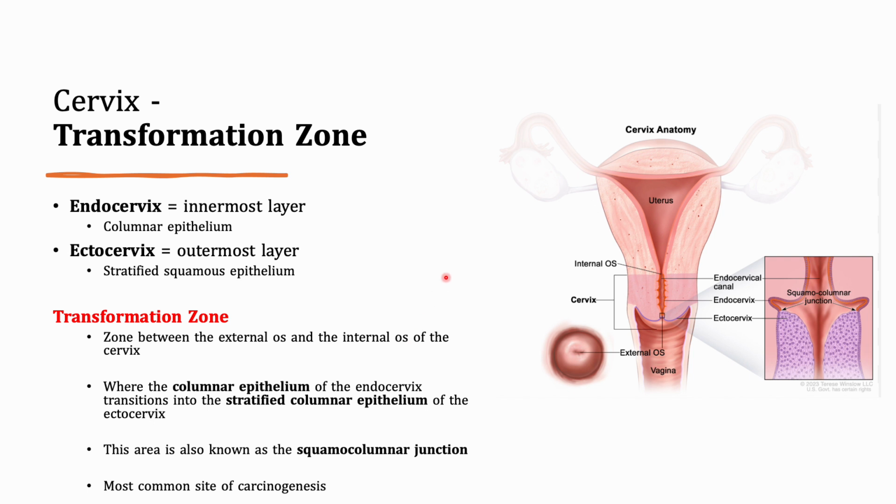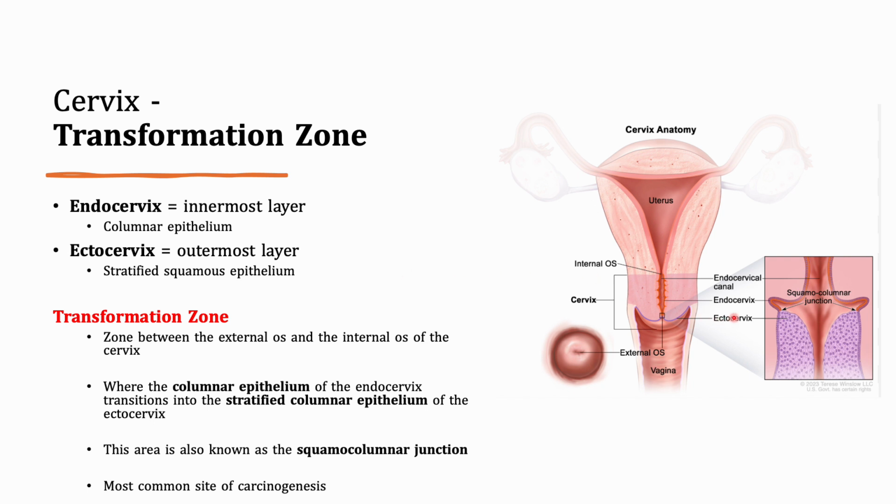Okay, so this is a very important slide. This is talking still about the cervix, but we are going to talk a little bit about what's called the transformation zone. Before we get into that, if I could put a star next to this, this is super important. So the endocervix, which is the innermost layer of the cervix, is covered in columnar epithelium.